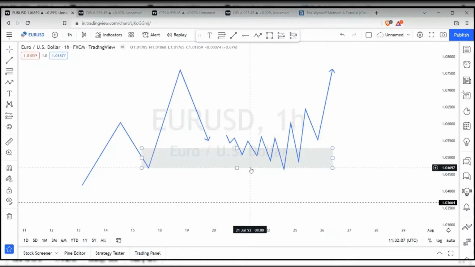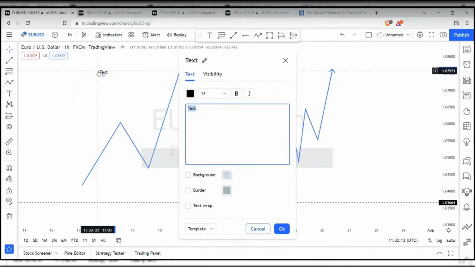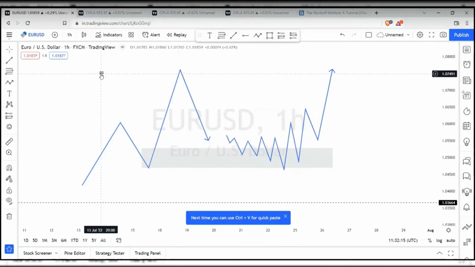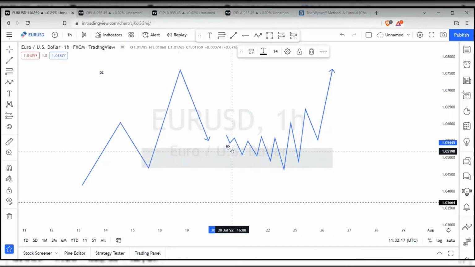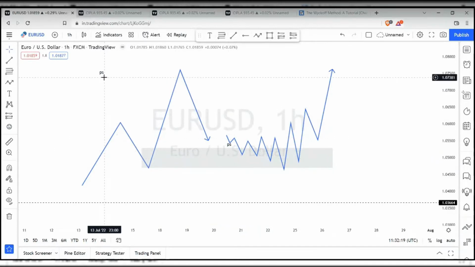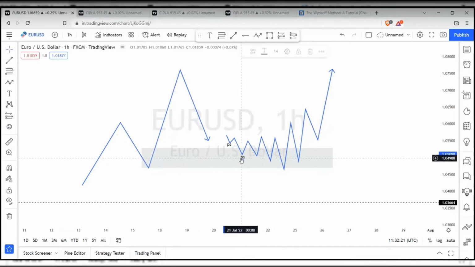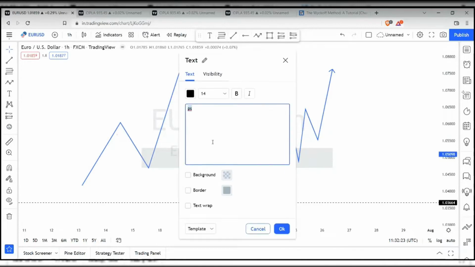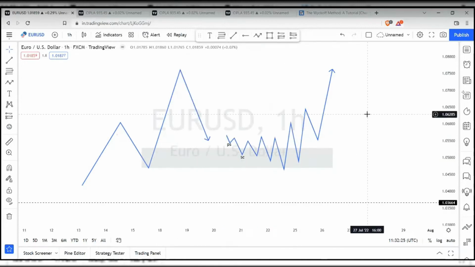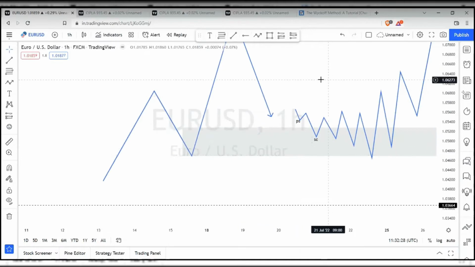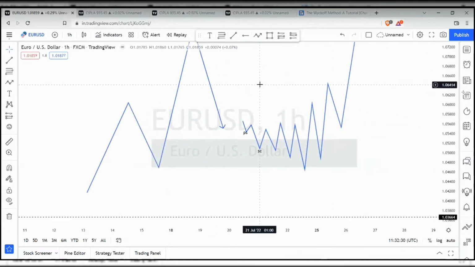So this may be, let's say, our PS. Let's call this our preliminary support. Let's call this our selling climax. Let's say that price has reached our selling climax right here.